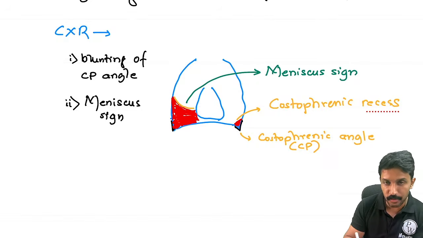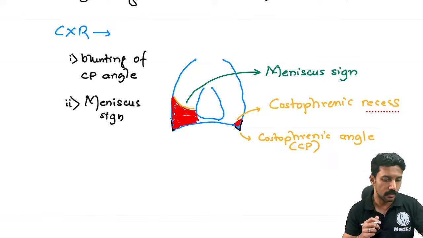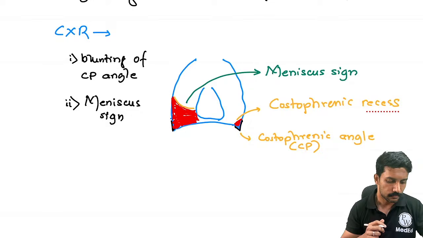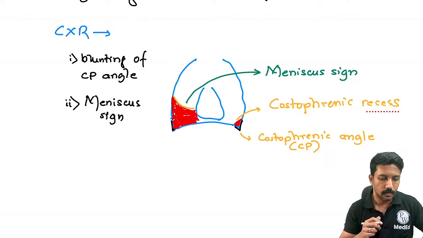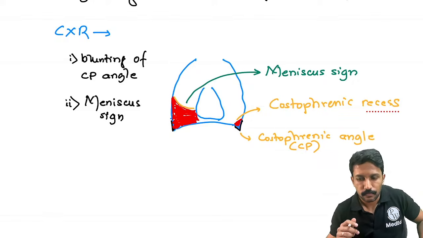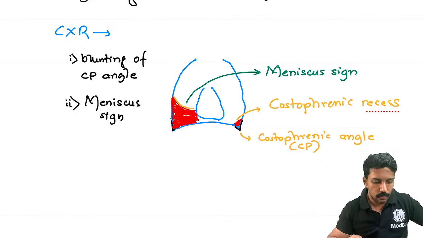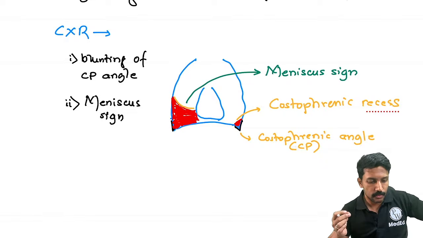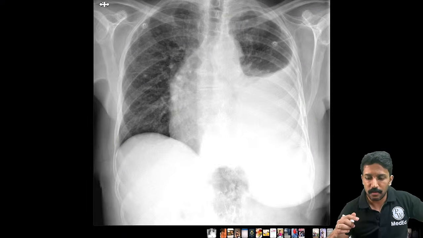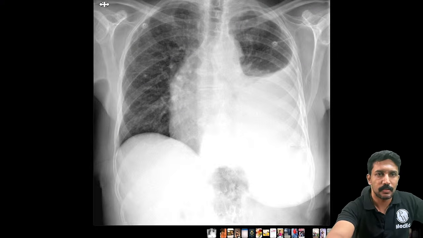So let me give you an image where we can see whether pleural effusion is there or not. Okay, just waiting for the image to download. Okay, so here we got an image, as you see on the screen.